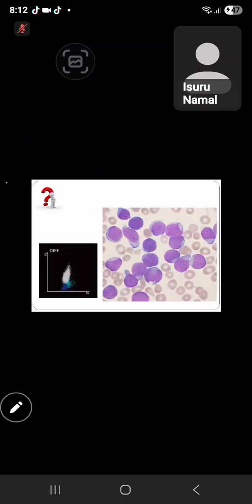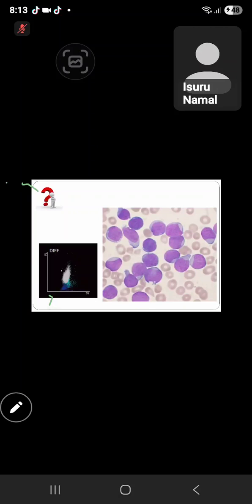But to classify this as lymphoblast, you have to do the Sudan black stain as well as the PAS stain. If these are lymphoblasts, Sudan black will be negative and PAS will be positive. Those blasts are categorized as lymphoblasts, right?